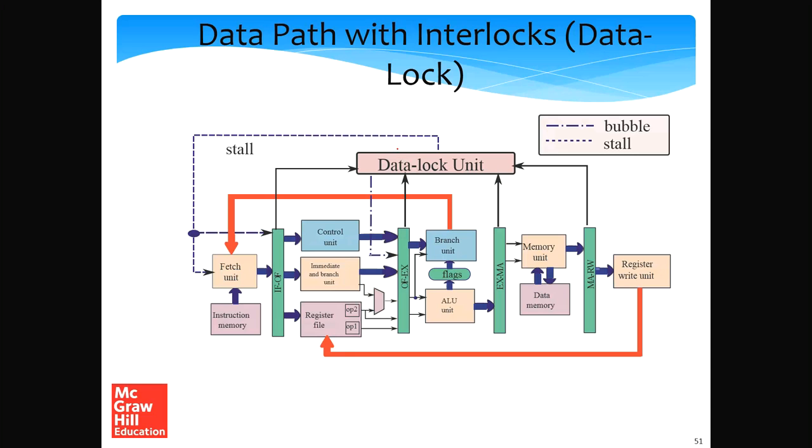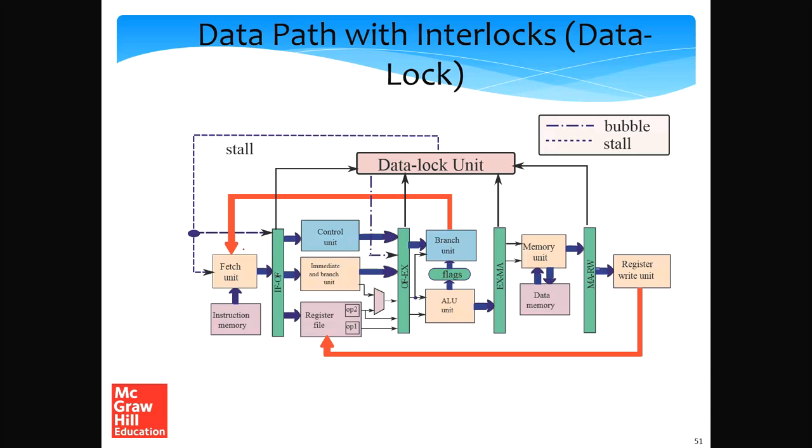If it detects a conflict, then it sends a stall signal to the fetch unit as well as to the IF-OF register. The stall signal basically stops the register from accepting any new data, from essentially overwriting its value.